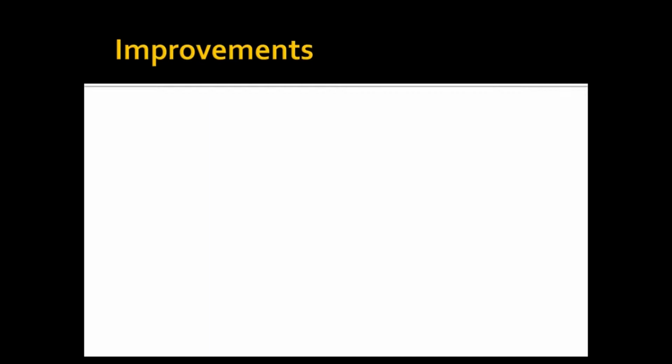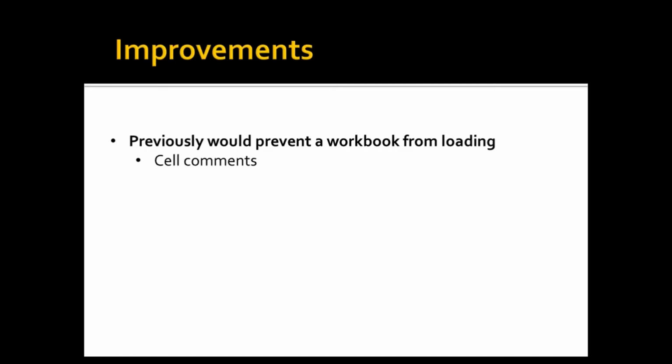There were also some improvements that were made inside of the Excel Services actual service behind the scenes. Like I said, there were some things previously that would prevent workbooks from loading, things like cell comments and formulas that would reference an external workbook. Those kinds of things would actually cause your Excel workbook to crash.